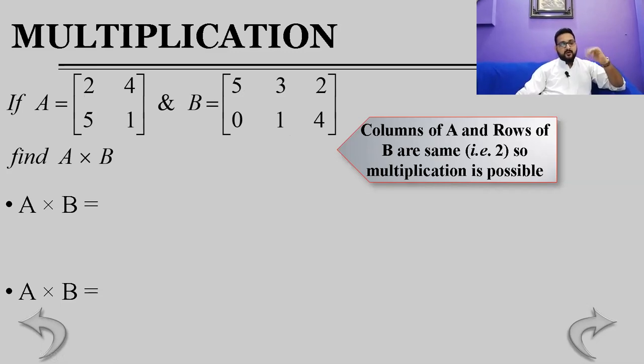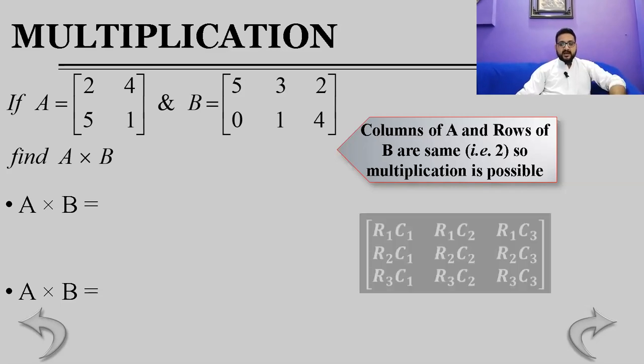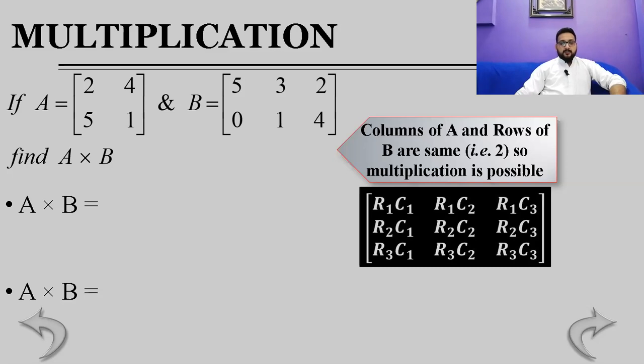The number of columns in A is 2, the number of rows in B is 2, and that's why the multiplication is possible. Is it clear? Now multiplication, according to this is the higher multiplication in your course, 3 by 3. ठीक है ना?